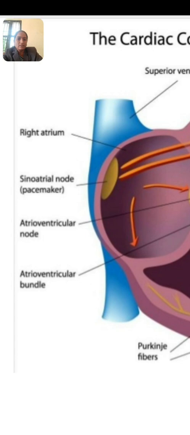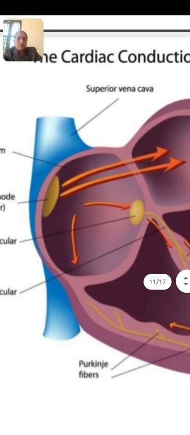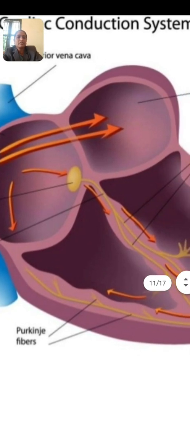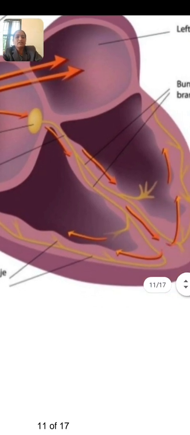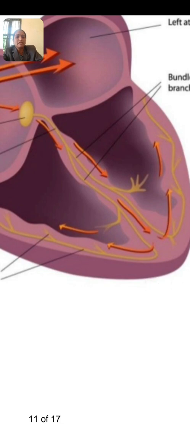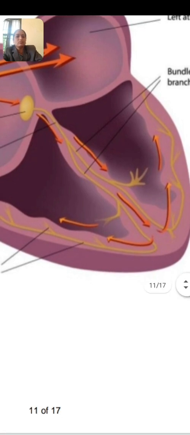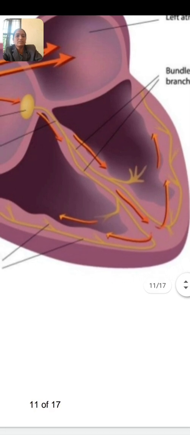The SA node is also known as the pacemaker. The second is the AV node, which is near the opening of the coronary sinus or the interatrial septum. The third component is the bundle of His, which is located in the interventricular septum and divides into two, left and right. The fourth component is Purkinje's fibers, which are present in the wall of the ventricles.